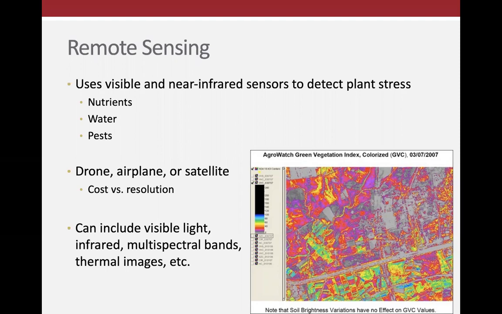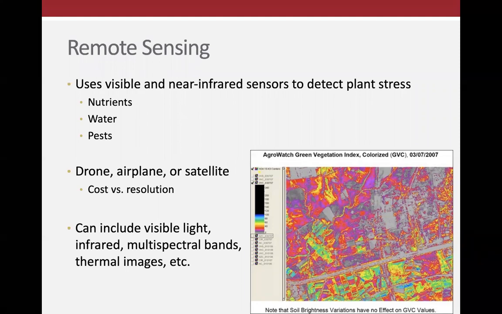They're limited by battery power, et cetera. So flying something via an airplane, you can capture tens of thousands of acres in a day. That's just absolutely not realistic to do with a single drone, right? So there are trade-offs, again, in terms of the information you can capture and the cost of that information.